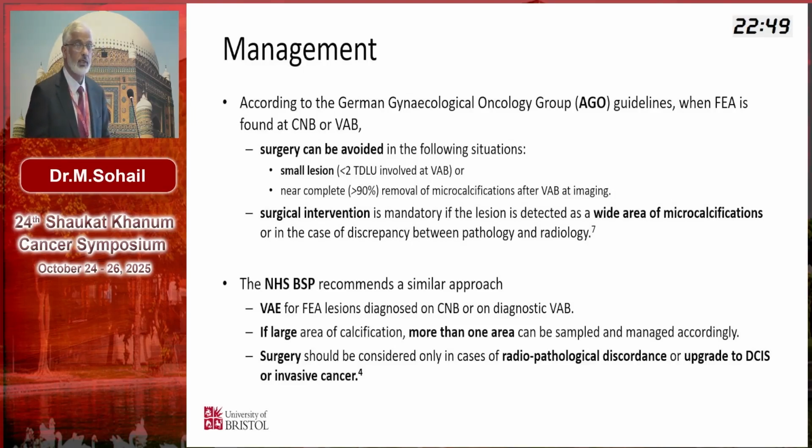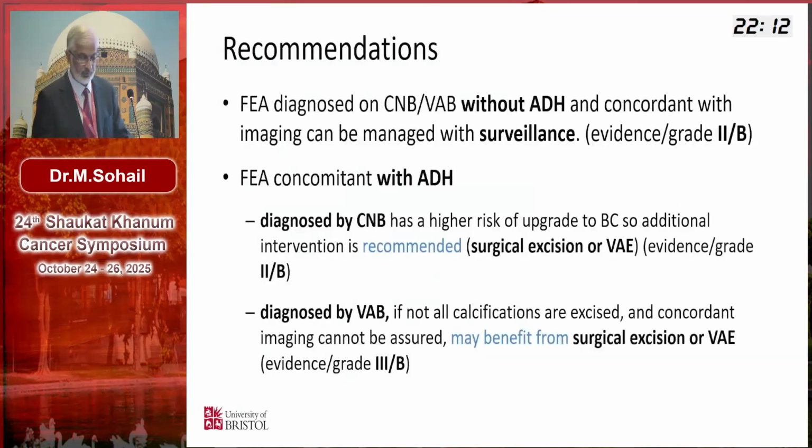And if on the VAE you find further FEA with or without ADH, and you think there's more calcification there, and there is some mass lesion as well, and there's a discordance between the pathology and the radiology, then in that case you can do surgery. So surgery is done in a very small number of cases nowadays in the UK. Mostly we manage these lesions with VAE unless a bigger or more sinister lesion comes up on vacuum-assisted excision.